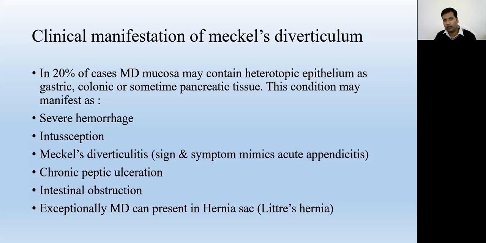So on the right side, the Meckel's diverticulum and the appendix may come into the sliding hernia. This inguinal hernial sac may contain the Meckel's diverticulum. That condition is called Littre's hernia.